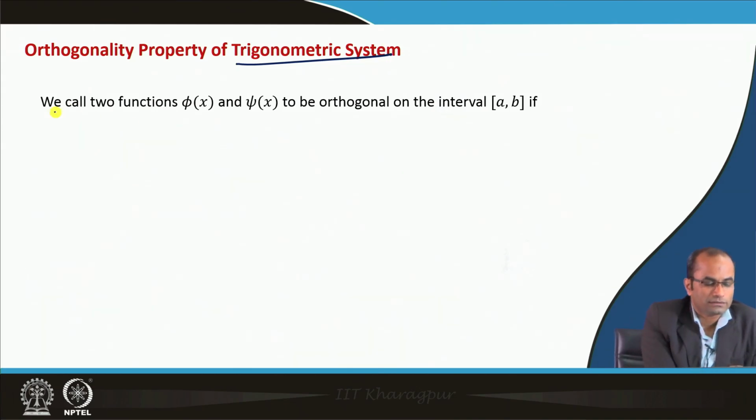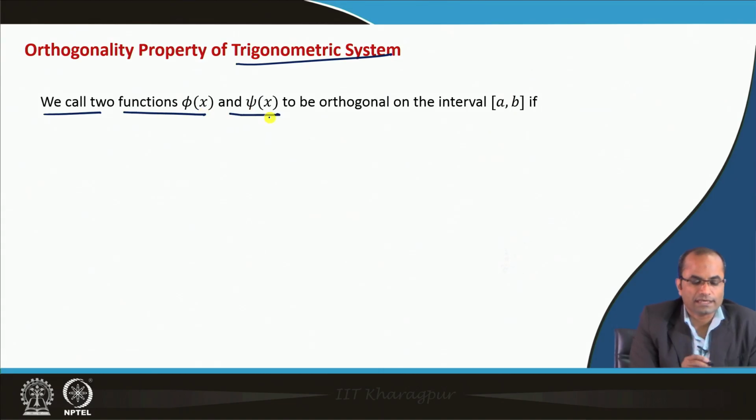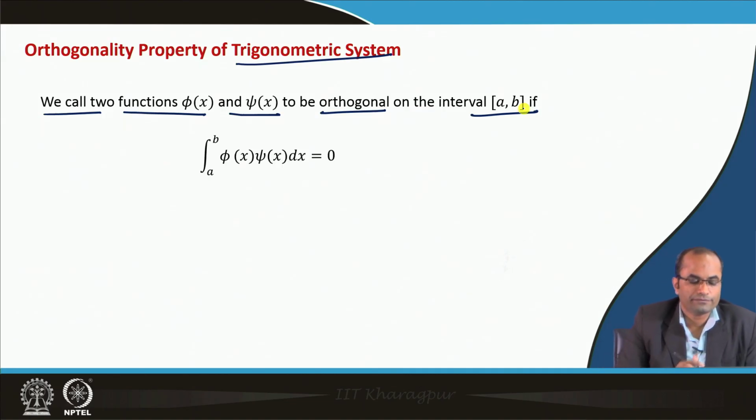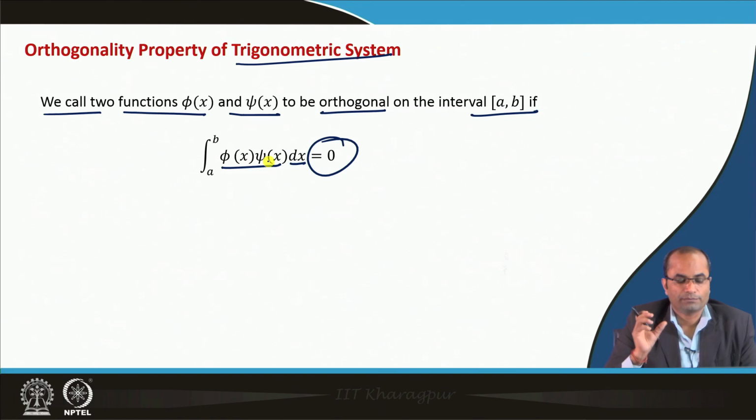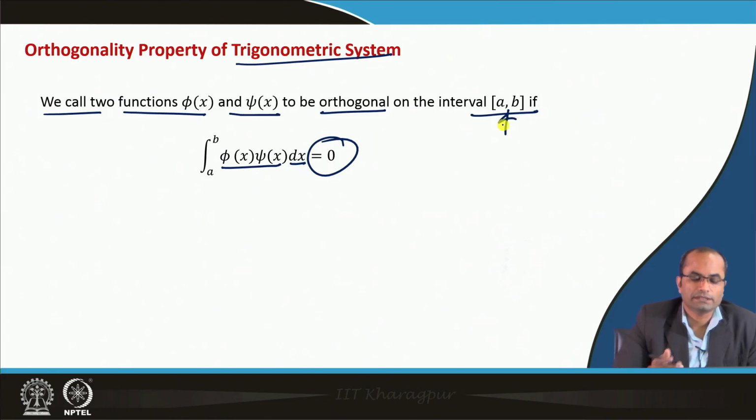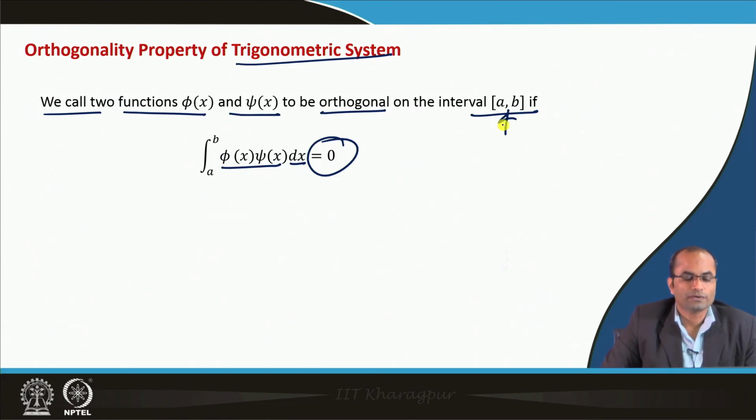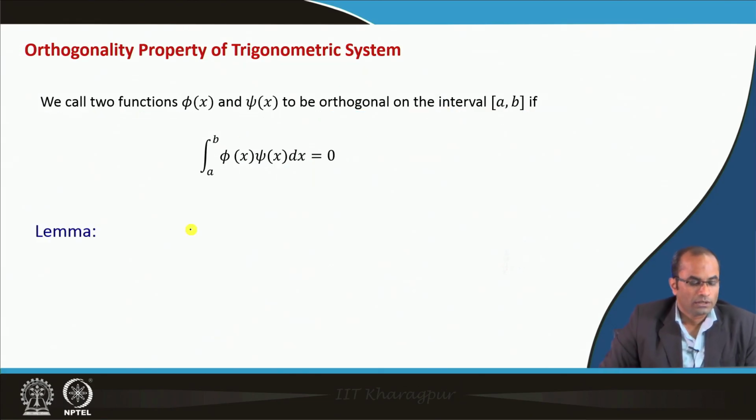We call two functions φ(x) and ψ(x) orthogonal on the interval [a, b] if we integrate from a to b the product of these two functions, and it is 0. If the product of the two functions integrated over the interval [a, b] is 0, then we call these two functions orthogonal on the interval [a, b].